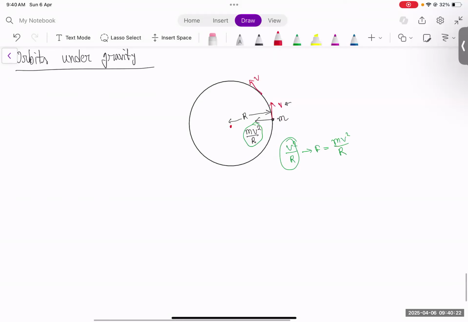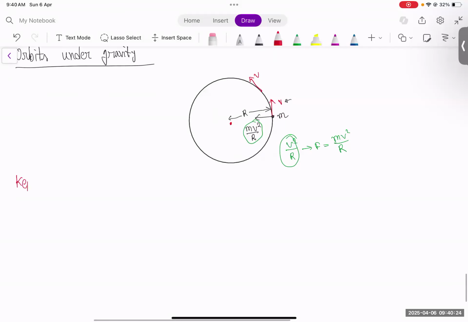So for circular orbits, we have Kepler's first law. What does it say? It said that all the planets in the solar system orbit in circular orbits with the sun at the center. So if we generalize this a bit beyond the solar system, there will be a massive object, which is a star, at the center, and everything else will move in circular tracks around it.